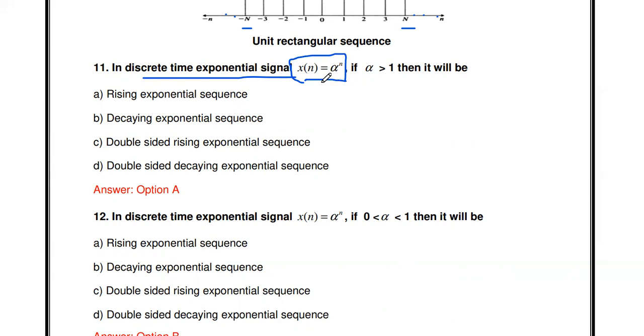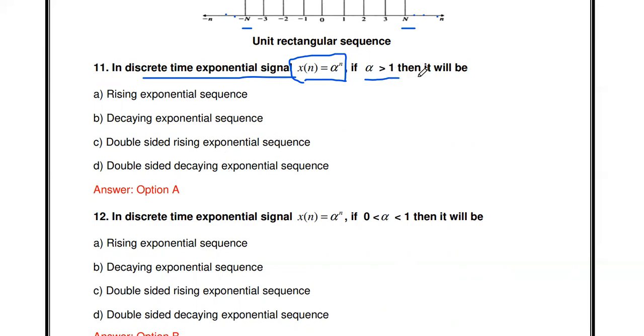In this discrete time exponential signal, if alpha is greater than 1, then it will be dash. Depending upon the value of alpha, there are four varieties of exponential: rising exponential, decaying exponential, double-sided rising, and double-sided decaying.